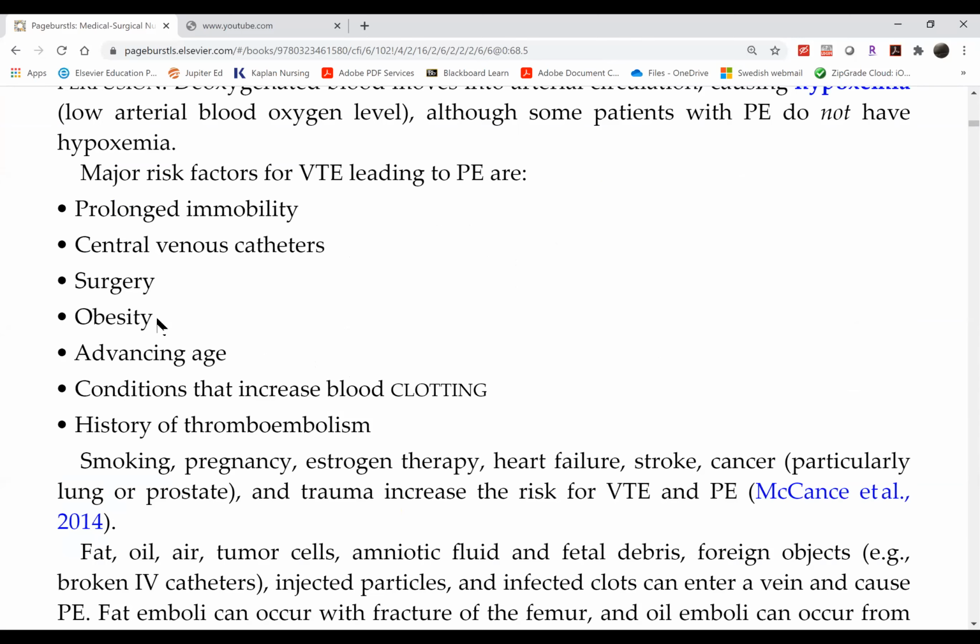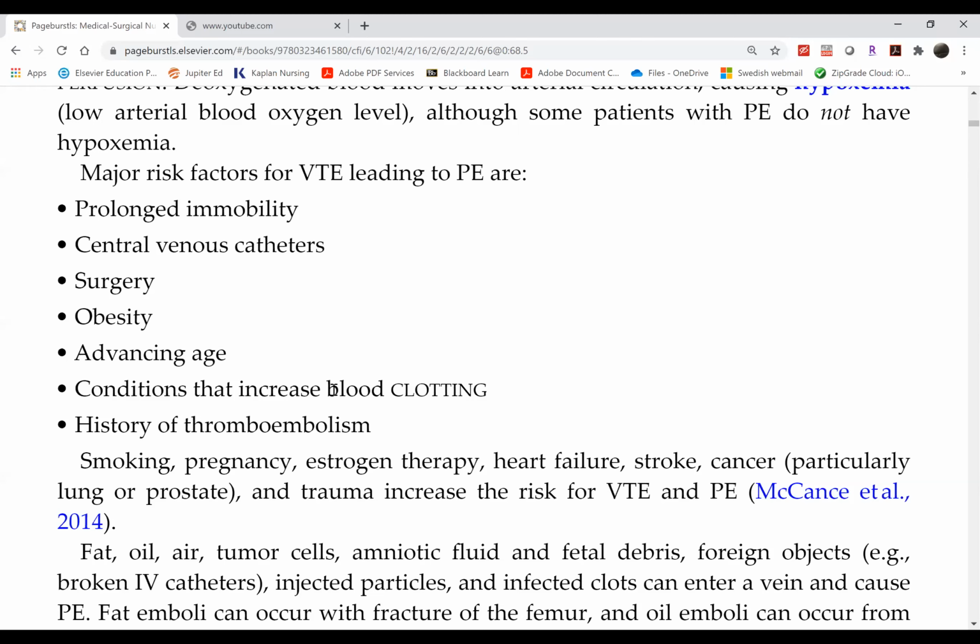Obesity falls under venous stasis because the weight of the patient will cause venous return to be slow, so that will cause venous stasis. Advancing age, also venous stasis.